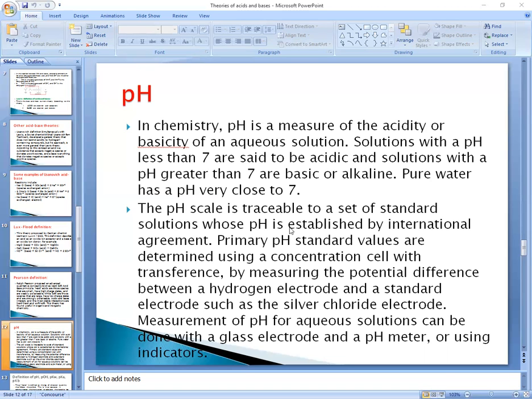pH is a scale that is used for measuring the concentration of hydrogen ion. pOH is the scale that is used for measuring the concentration of hydroxyl ion. In chemistry, pH is a measure of the acidity or basicity of an aqueous solution.